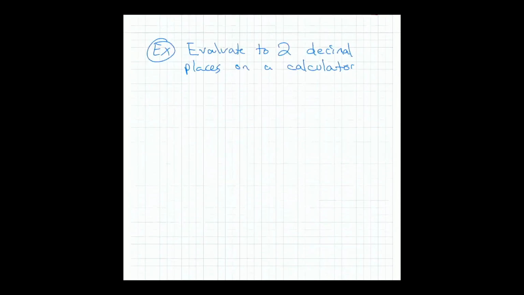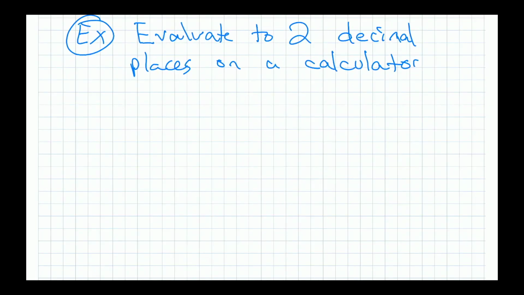They're back. Okay, 2 decimal places on a calculator, and I'm going to give us some things to calculate. So I'm going to go sine, no, not sine. Sine's too easy. Secant, I'm going to go 30 degrees. Then I'm going to go cosecant of pi over 4.